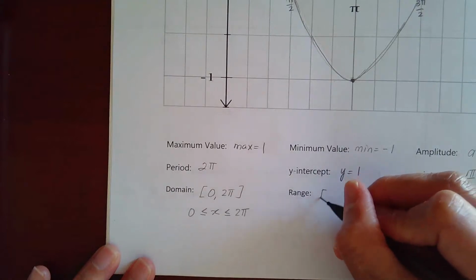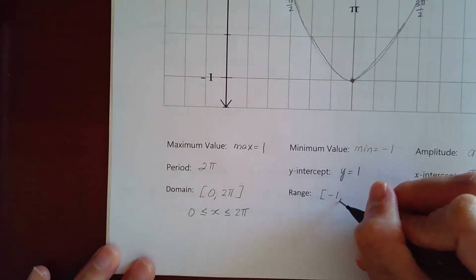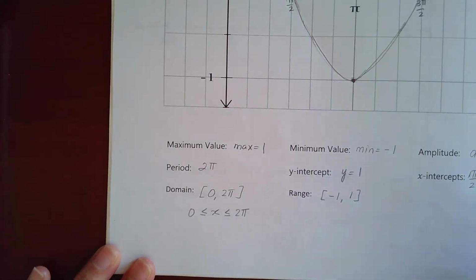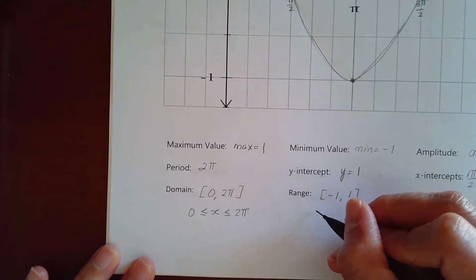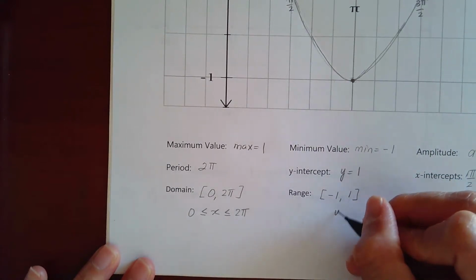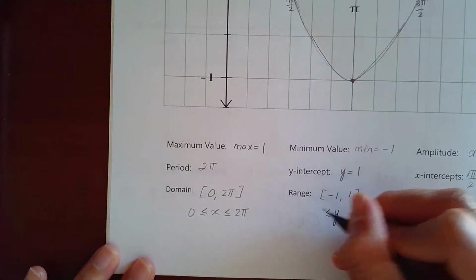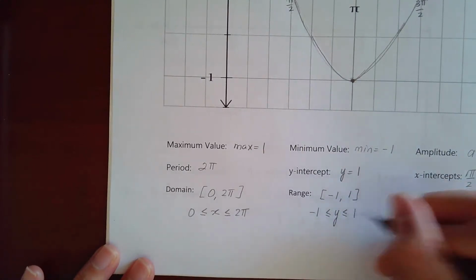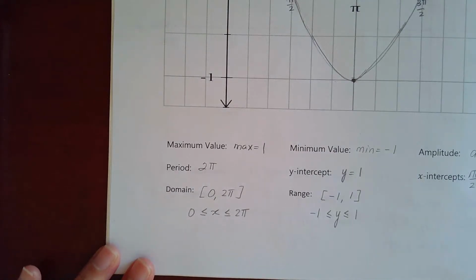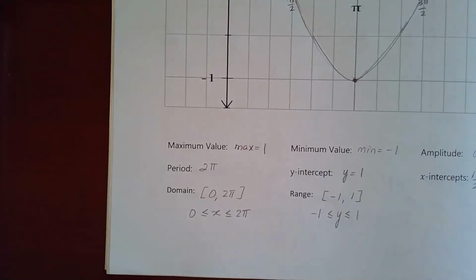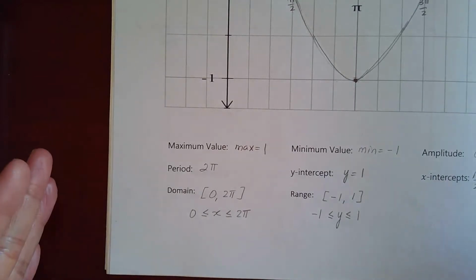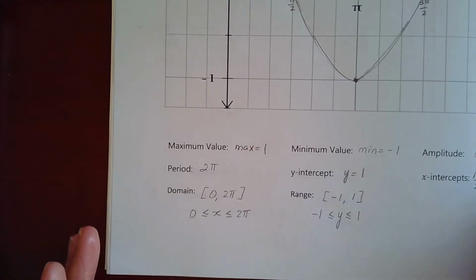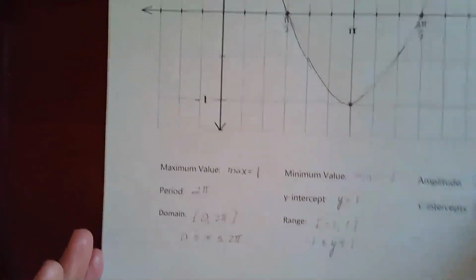Range: we can write it in interval notation from -1 to +1, or in set notation, y is greater than or equal to -1 but less than or equal to +1. We've thoroughly talked about that one, so we're going to move on to the next page.